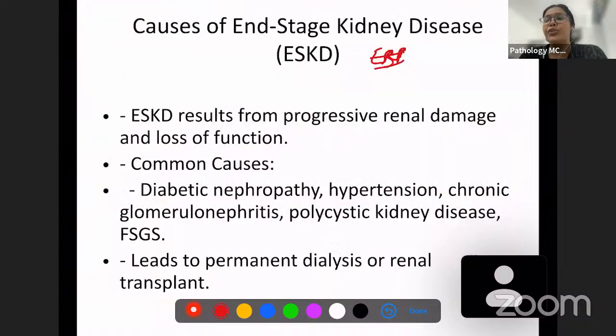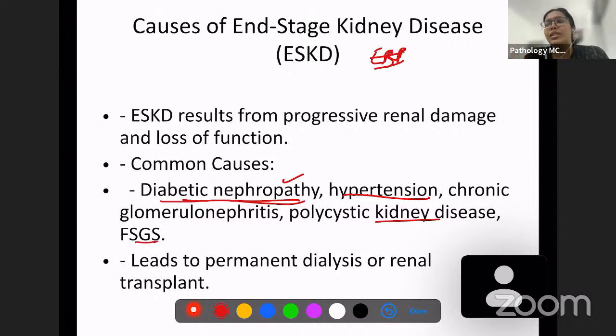Also, most of the nephrotic syndromes like focal segmental glomerulosclerosis might lead to end-stage kidney disease. Most commonly, diabetic nephropathy leads to end-stage kidney disease. These two are very common: diabetic nephropathy and hypertension. Polycystic kidney disease we already saw. FSGS we already saw.